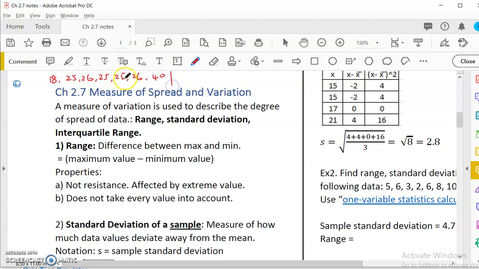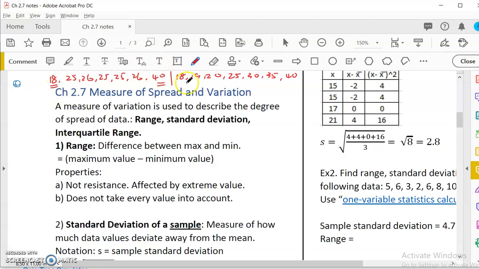So this is one data set. And then I have another: 18, 19, 20, 25, 30. How many do I have? 1, 2, 3, 4, 5, 6, 7, right? Let's say 35, 40.